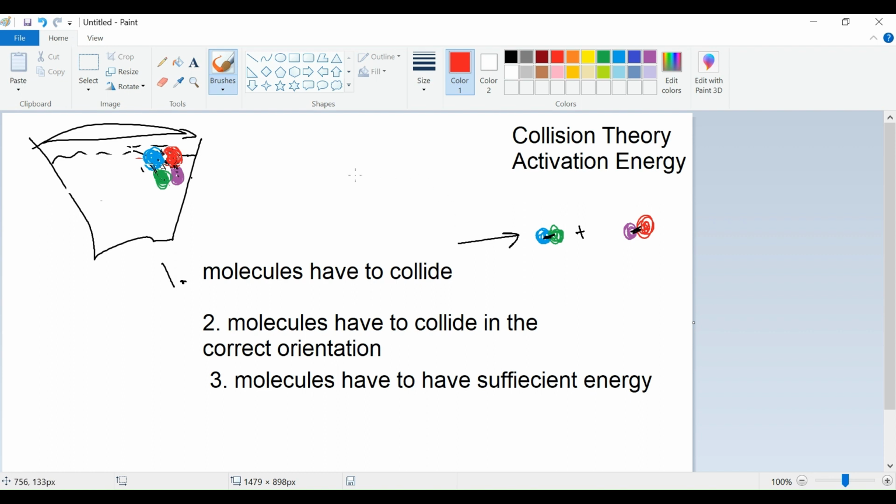All right, so then we can think of our reaction mechanism as this is our in-between state. These are our products, and what we started out with were my blue, red, and my green, purple.